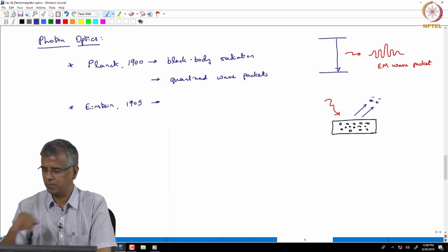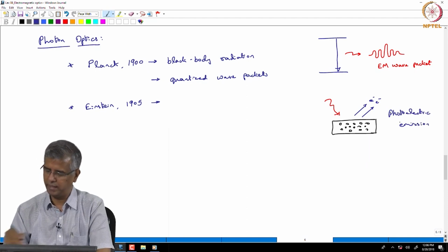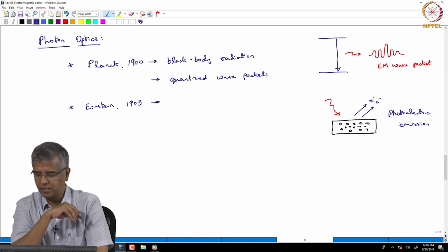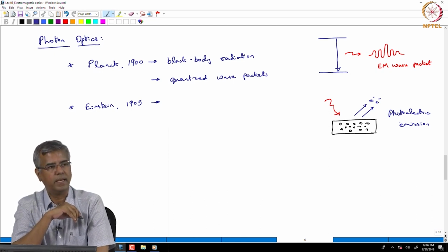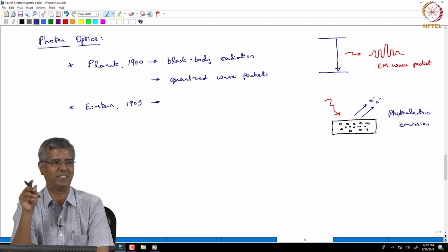Okay. So, that is what is called photoelectric emission, and that was an unsolved puzzle at that particular time, and Einstein looked at this and said, and that is quite amazing actually, 1905 is a really famous year because Einstein came up with 4 papers which spawned 4 different areas of research. Okay.